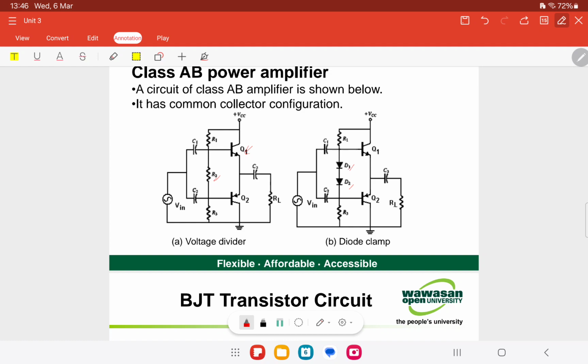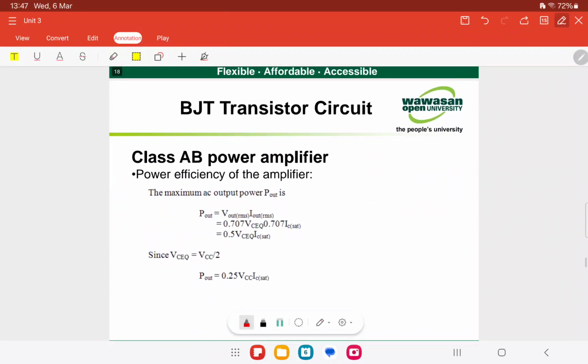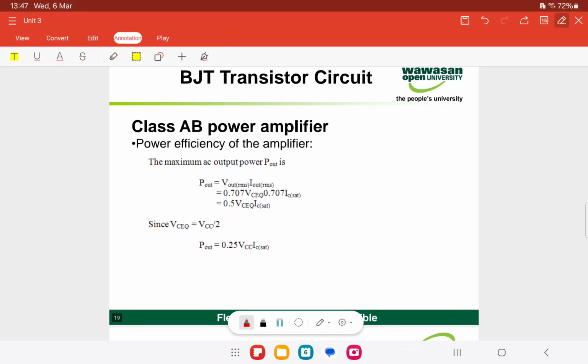This is because the characteristics of the diode closely match the transconductance of the transistor characteristics. So we have these two diodes D1 and D2 for diode clamping in the class AB power amplifier.